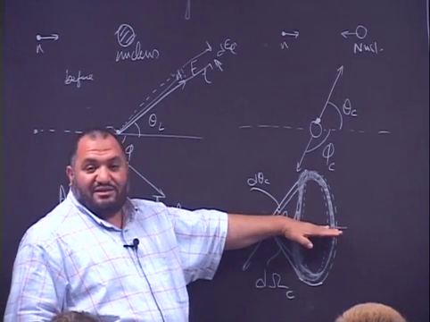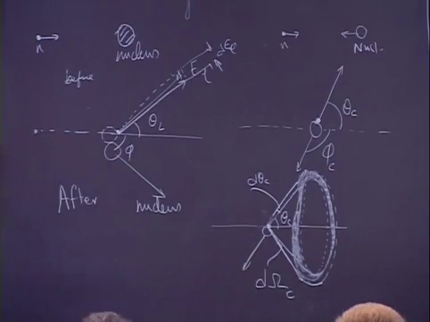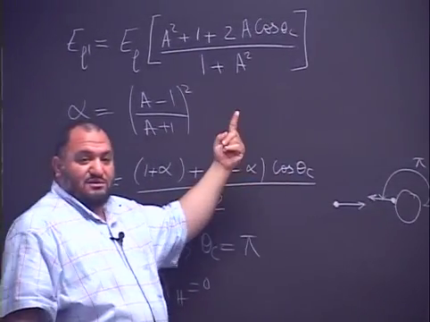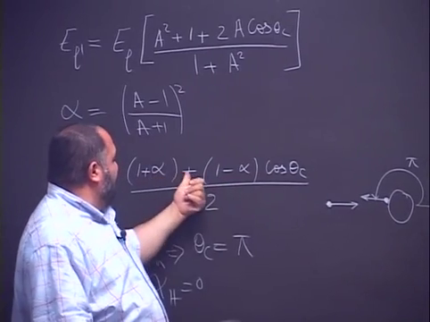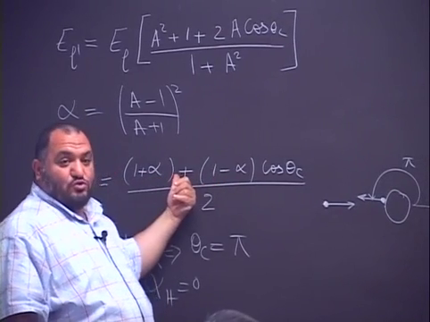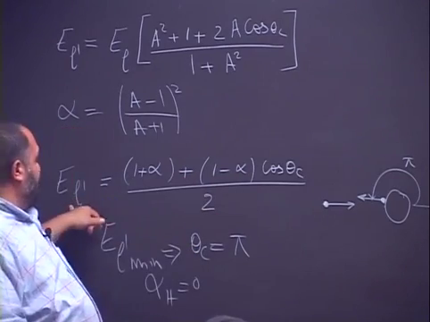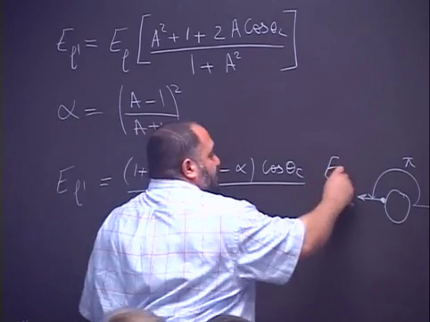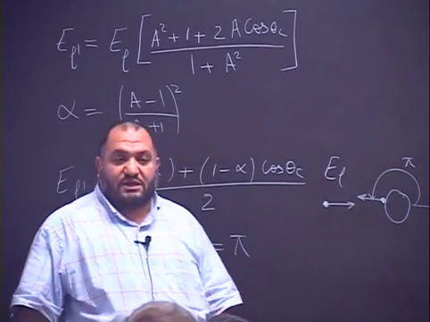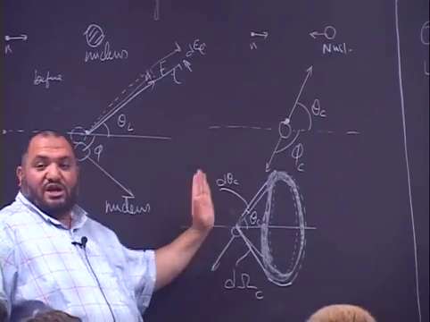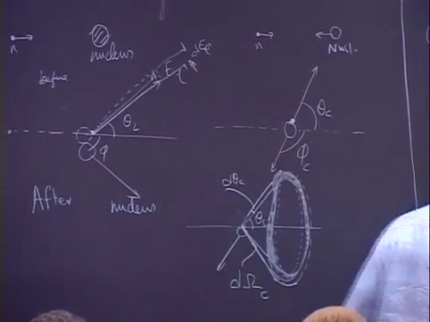For an angle theta C equal to 0, the cosine is 1, and 1 plus alpha plus 1 minus alpha gives you 2. 2 over 2 is 1. So the energy EL prime will equal the energy EL. Yes? So when theta C increases, energy decreases, so I have to put a negative sign here.